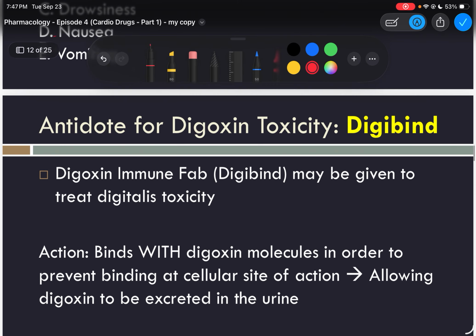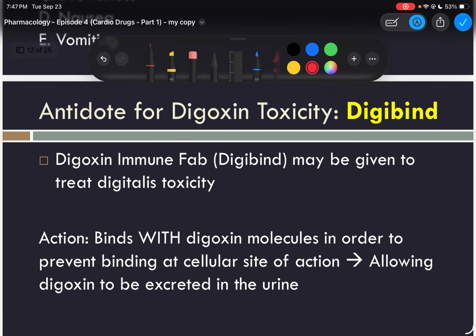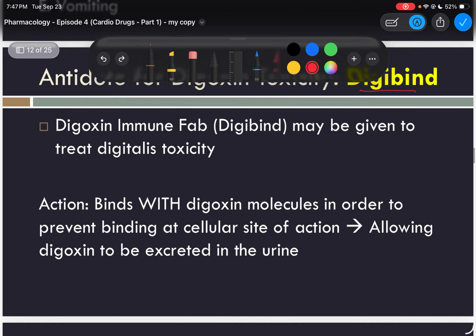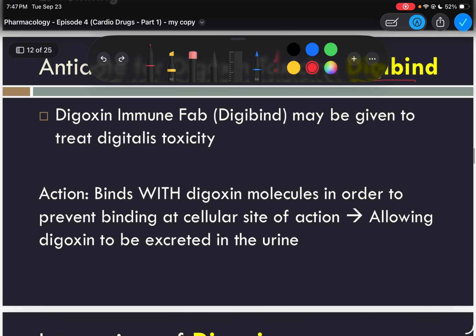Digoxin. The antidote for digoxin is called Digibind, or otherwise called Digoxin Immune Fab. Digoxin Immune Fab may be given to treat digitalis toxicity or digoxin toxicity. What it does is it will bind with digoxin molecules in order to prevent binding at the cellular site of action.